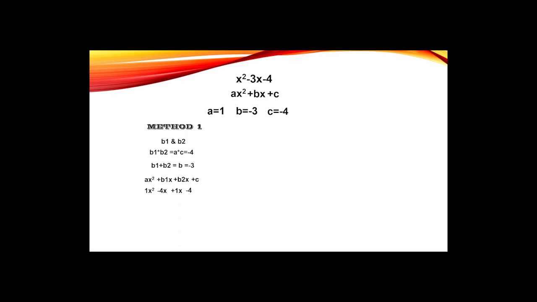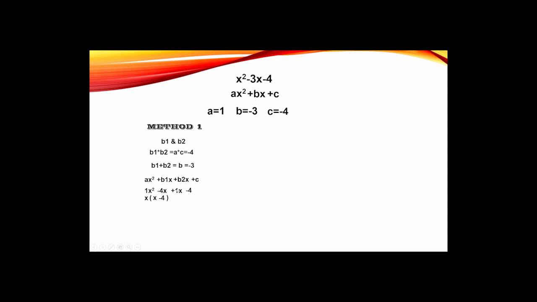Now taking common in 1x square and minus 4x, we have x as a common term. So we will take x as a common term and put a bracket. Inside the bracket we get x into x, which is x square, and minus 4 is left out, so we write minus 4 and close the bracket.